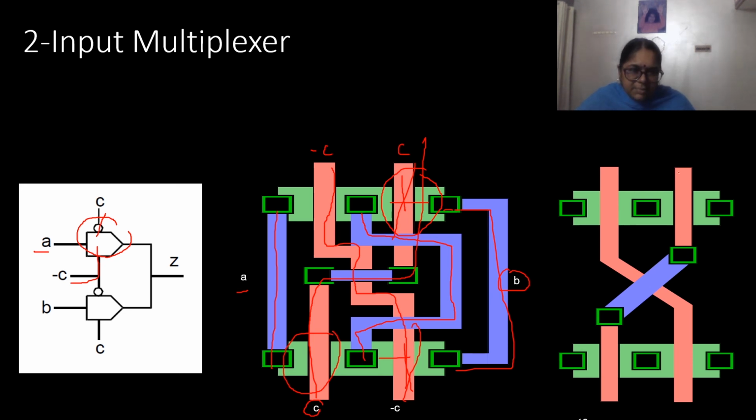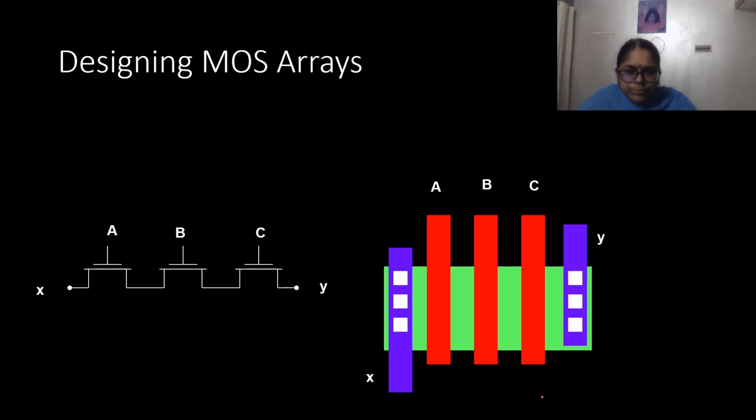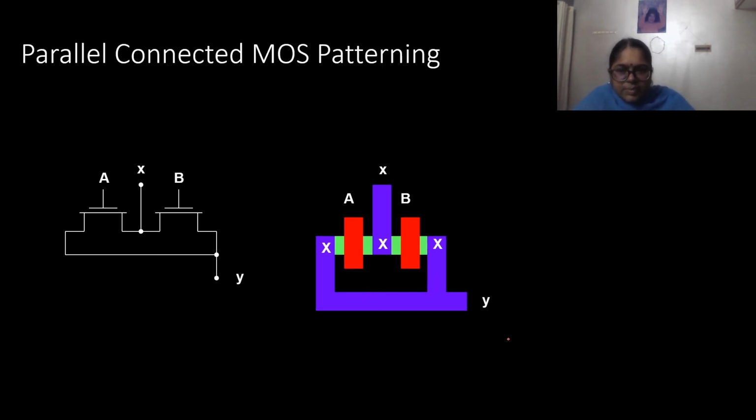Similarly, same diagram can be represented in this fashion also. If three transistors are in series, you make use of a single diffusion layer and three polysilicons cutting the same diffusion layer to form three transistors.